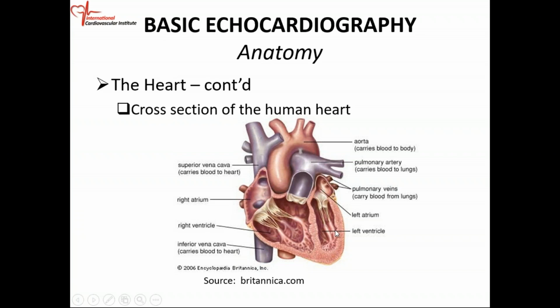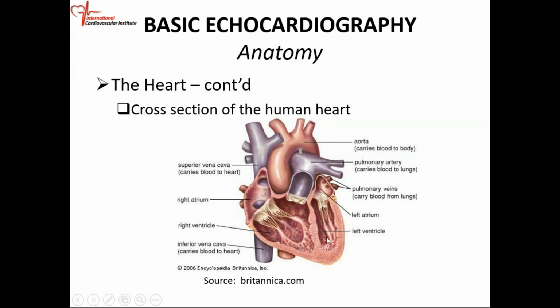So you have your papillary muscles and the chordae tendineae, which attach to the valve structure, preventing it from prolapsing into the atrium. The left ventricle has two papillary muscles, whereas the right ventricle has three papillary muscles. The right ventricle tends to be more trabeculated than the left ventricle.